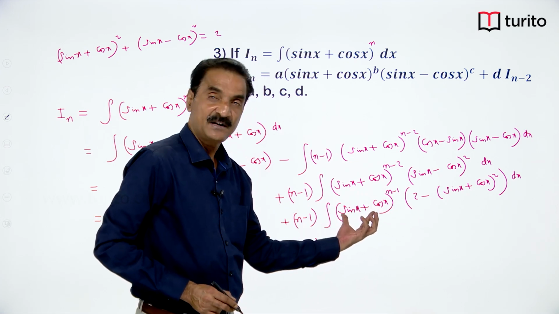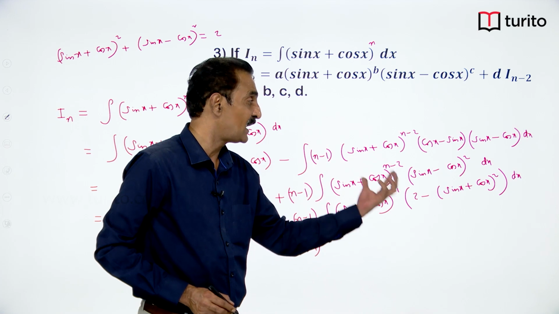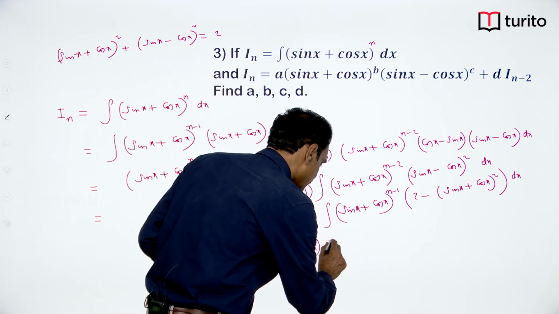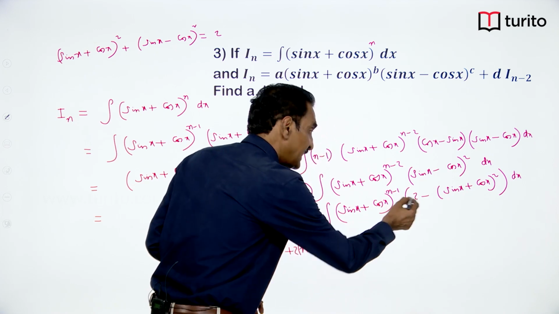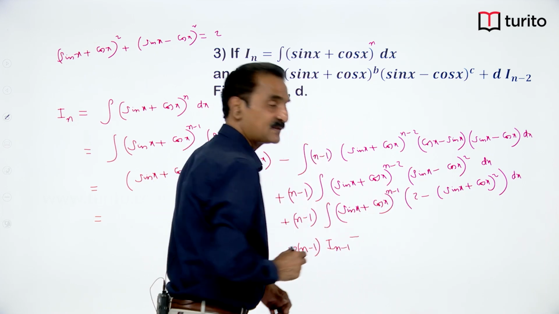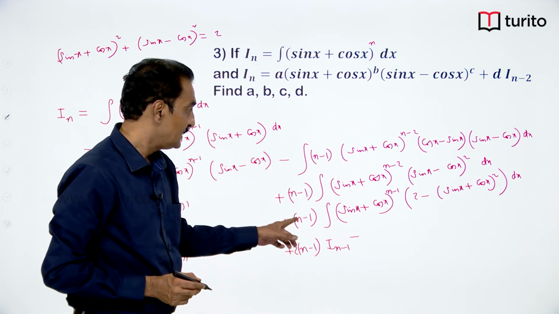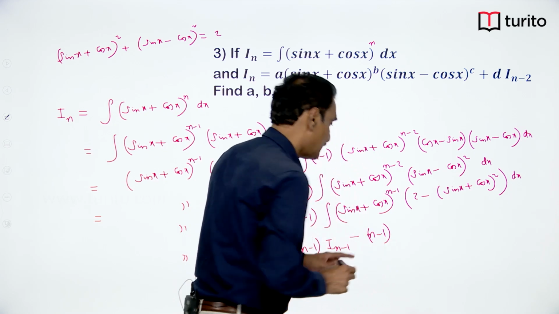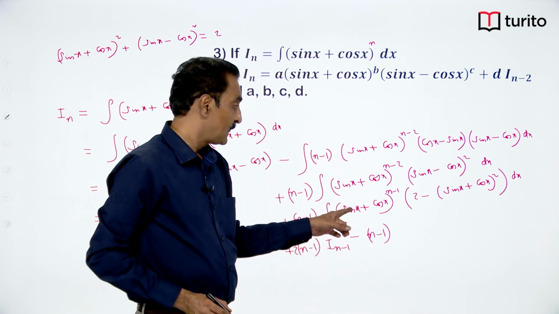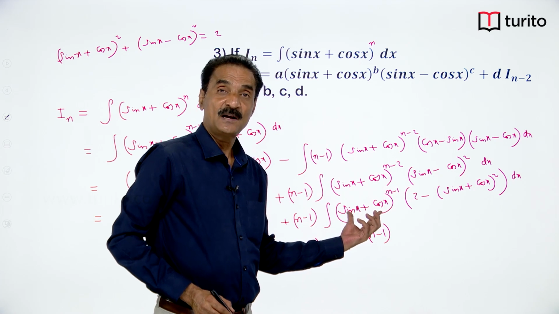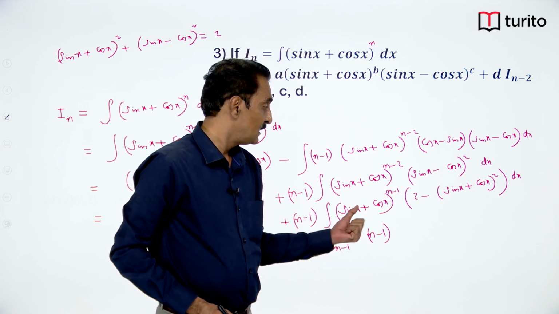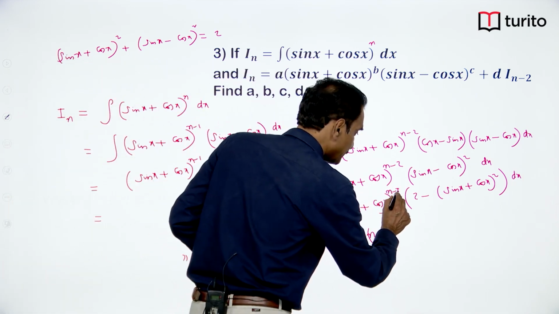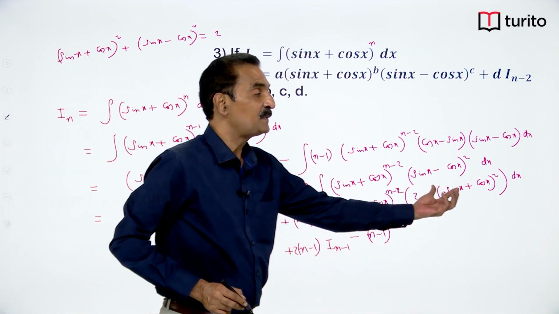What is the integral of (sin x plus cos x) whole power n minus 2? It is In minus 2. Next is minus, n minus 1 into integral of (sin x plus cos x) whole power n minus 2 into (sin x plus cos x) whole square.